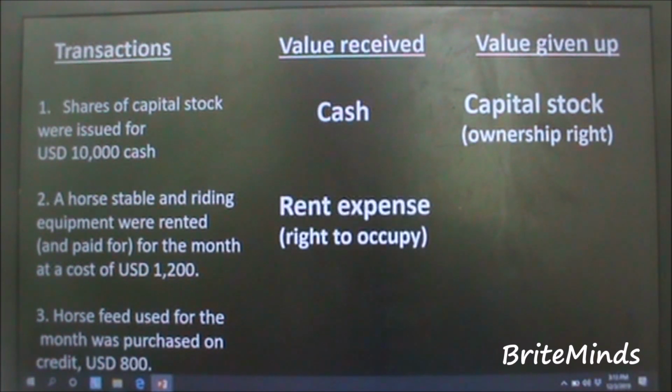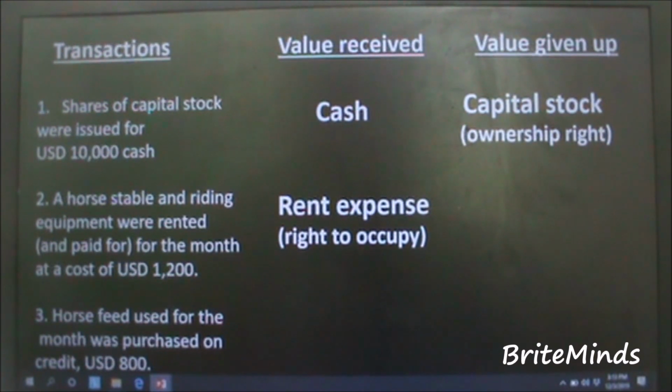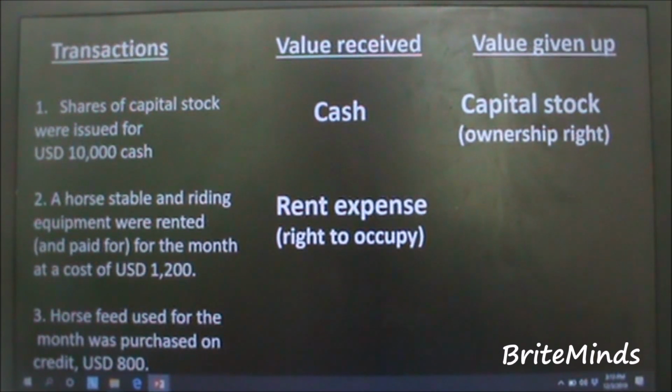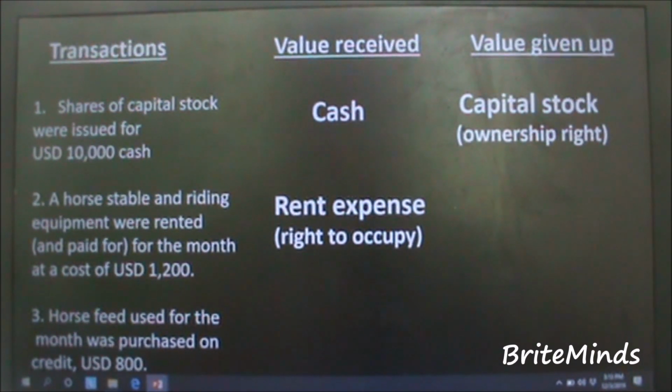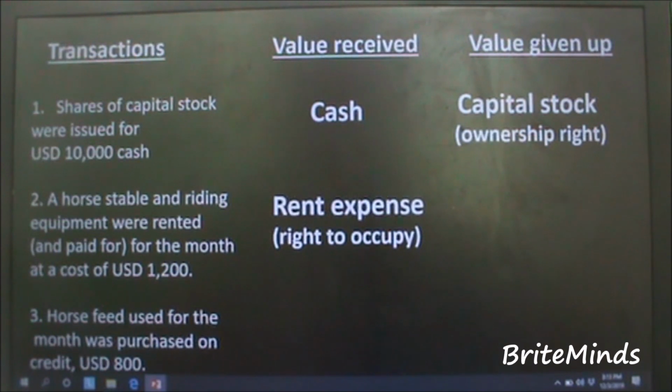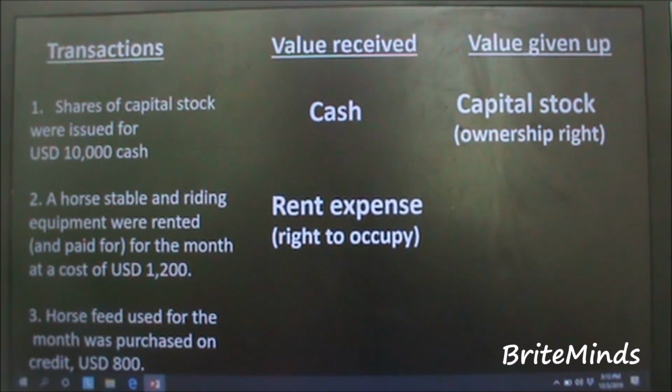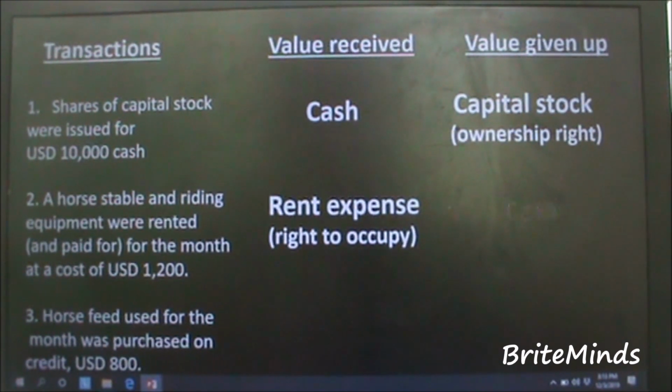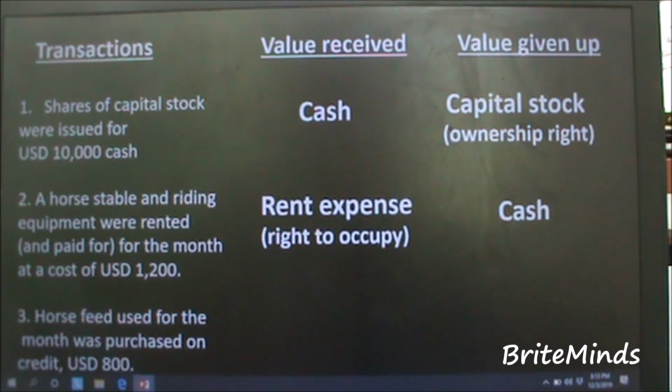So it means it is the rent expense. Rented and paid for the month. And then what is the value given up? In exchange for the right to occupy, the business entity pays cash. So the value given up is the cash.